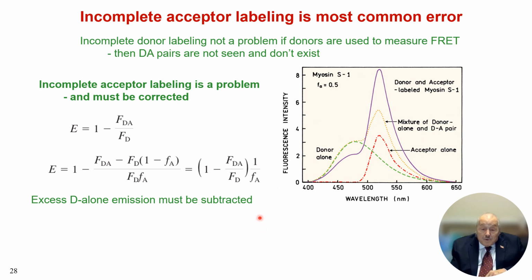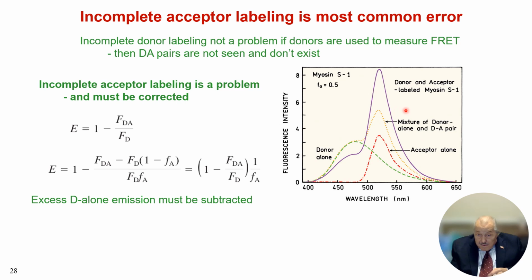I remember when we were first doing some of this work with distance distributions, which will be in the next lecture, just a little bit of unlabeled material can totally mess up the measurements. We have the equation here for how to correct for it.